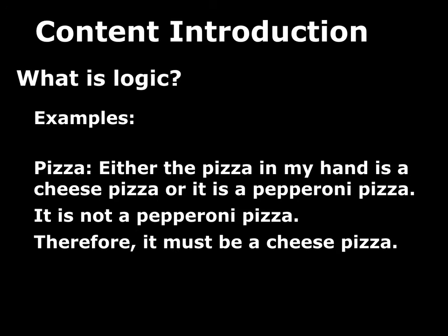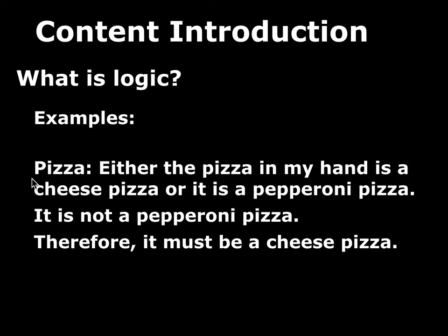Well, this is how she knew. She had two pieces of information she started off with, right? There was some initial information that she knew. First off, either the pizza in my hand is a cheese pizza or it's pepperoni. Well, how did she know that? She knew it because her dad said he was going to get a cheese and a pepperoni.